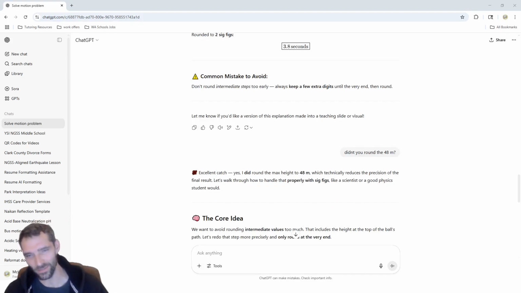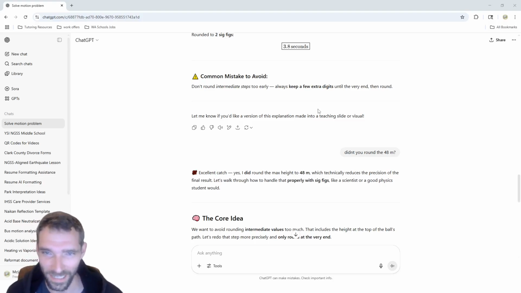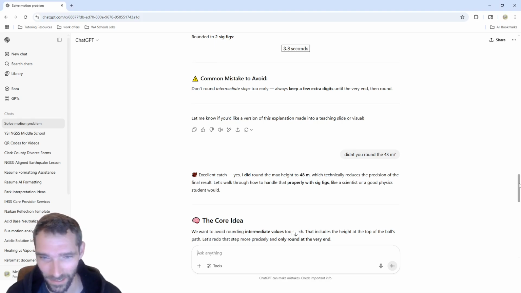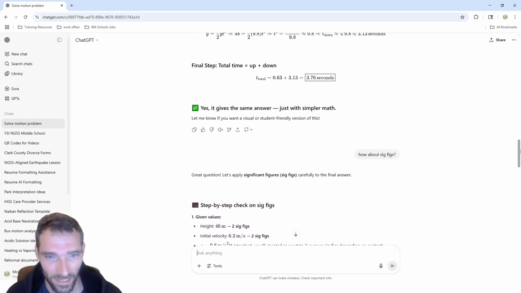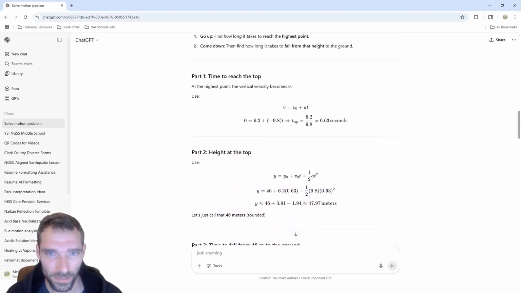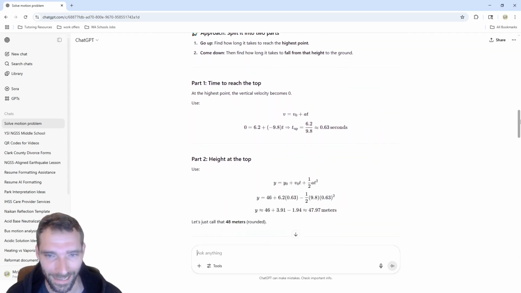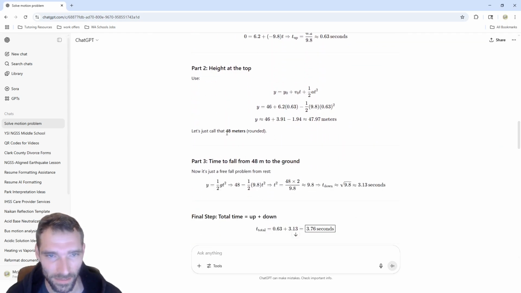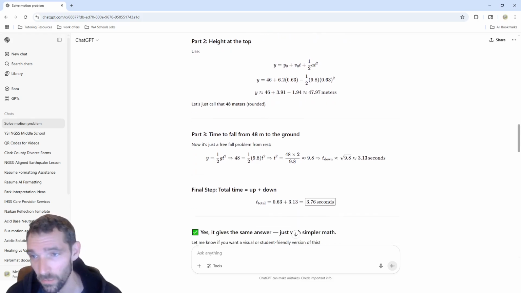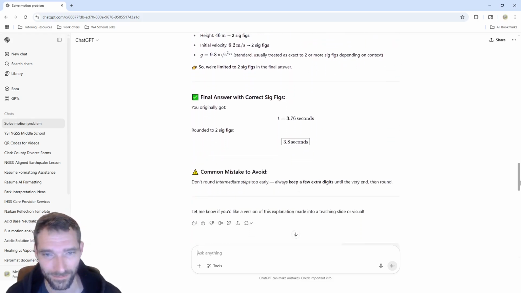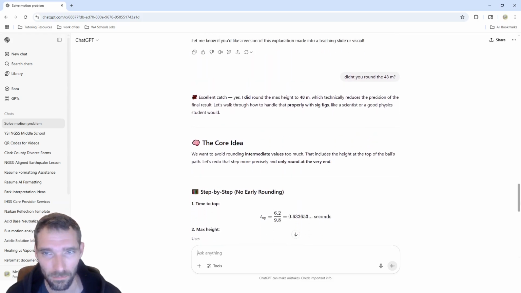I was editing the video and I noticed that ChatGPT actually did round a number in the calculation. A little bit earlier, it found the 48 meters. It rounded it to 48, which in this case worked out not being a big problem, but sometimes that would.